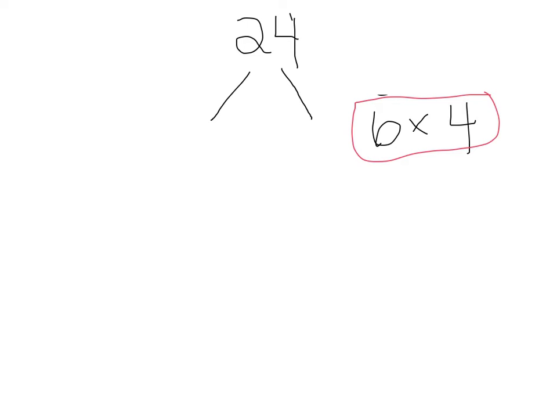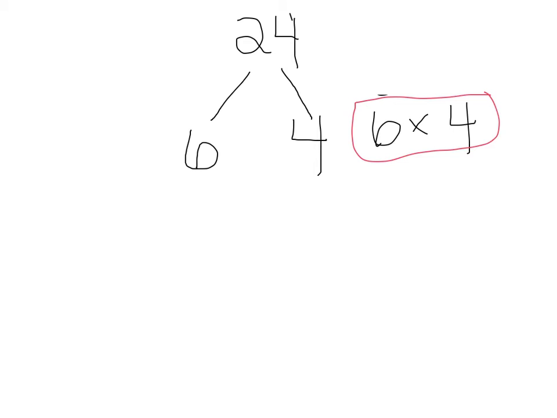So I'm going to erase the other 2 so it doesn't get me confused. To change 24 to a set of prime numbers, I'm going to take the 6 and put it right here, and I'm going to put the 4 right here. I'm just not going to put the multiplication sign. And what I'm going to do is check, is 6 a prime number? Well, it's not a prime number because I can think of other numbers that will multiply into 6 other than just 1 times 6. 4 is not a prime number because I can think of other numbers that I can multiply to get 4.